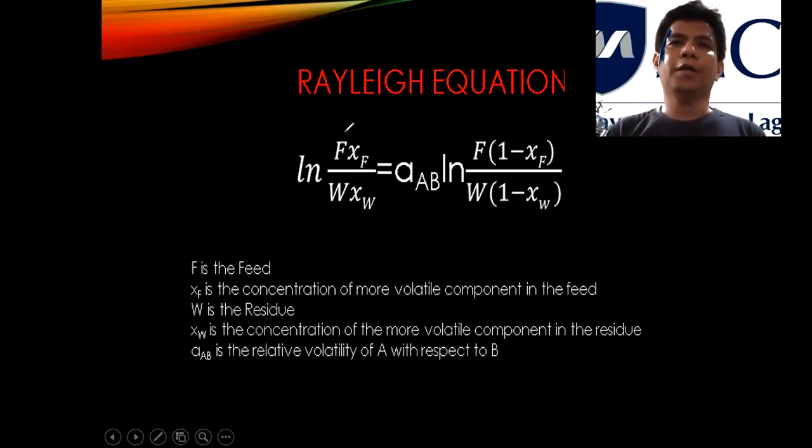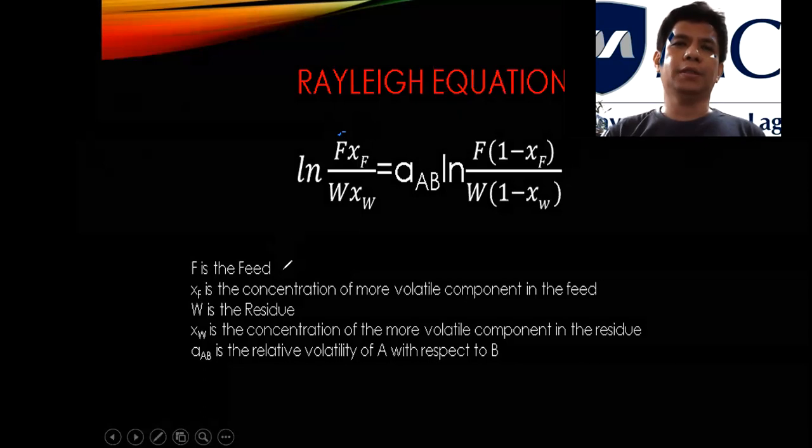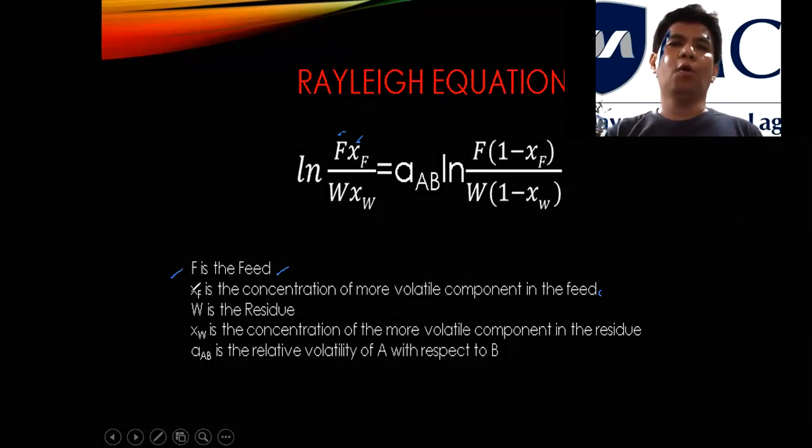The first variable is F. So F is the amount of feed. This could be in moles per hour, or in moles, or in kilogram, or in pounds. This is the amount of the raw material. Tapos, next is xF. xF is the concentration of the more volatile component in the feed. So in the case of water and ethanol, that would be ethanol. This is the concentration, either mole fraction or mass fraction, of ethanol in the feed.